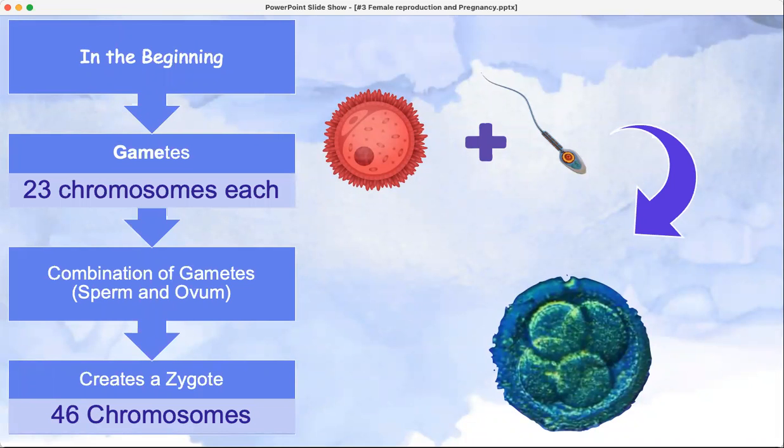So this shows the game of love, the gametes, 23 each, oocyte, sperm cell, creating a zygote that has a total of 46 chromosomes.